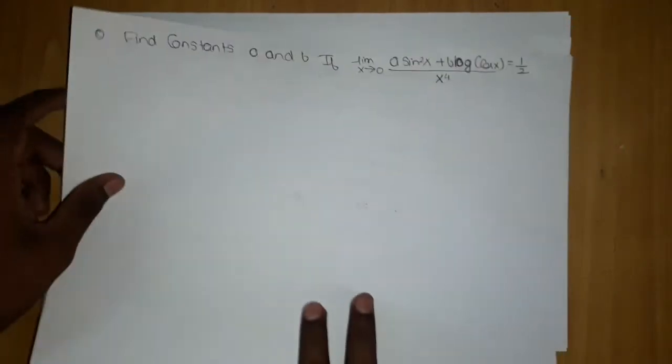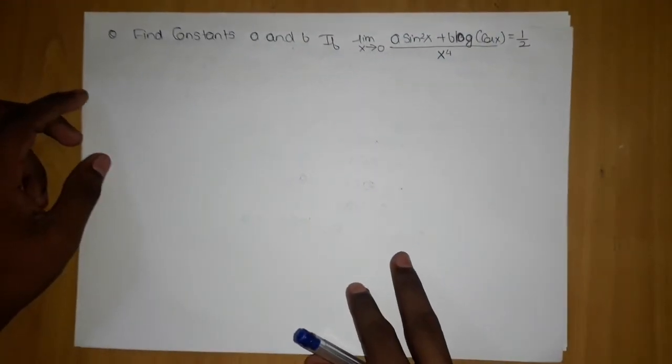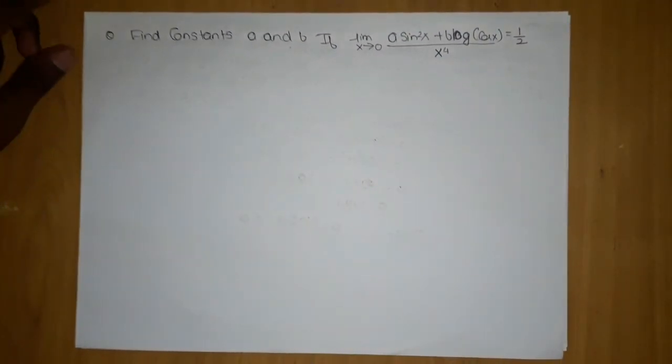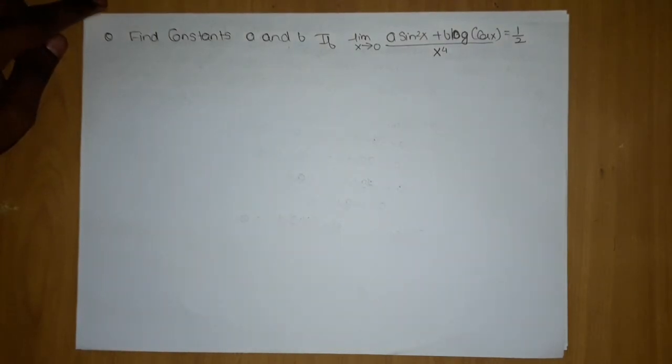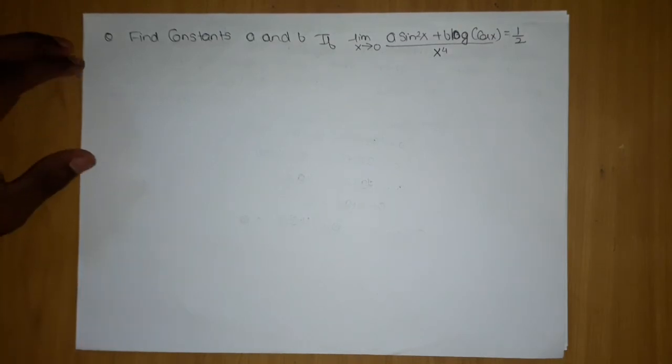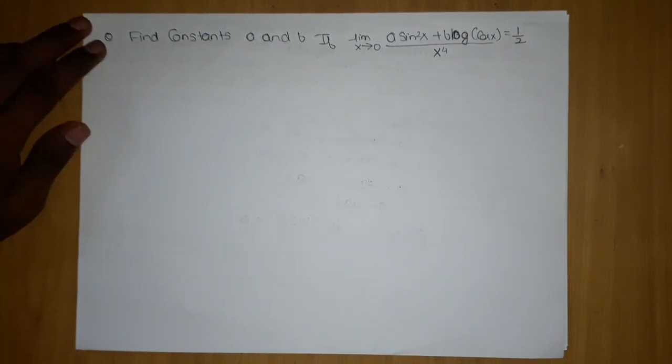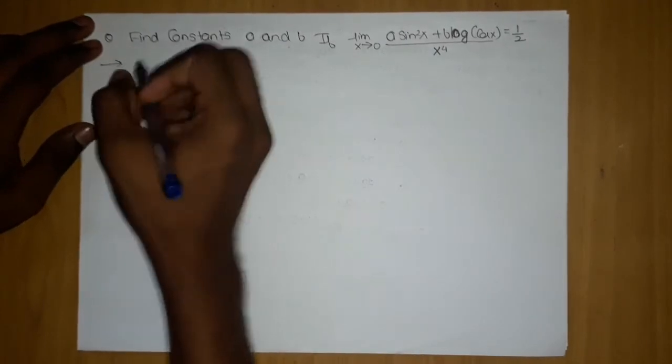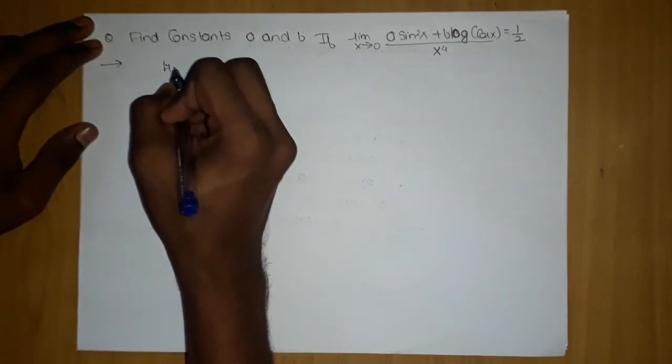Now let's move on to the next question. The next question is as follows. Find constants a and b if limit x tends to 0, a sin square x plus b log cos x, the whole upon x power 4 equals 1 by 2.